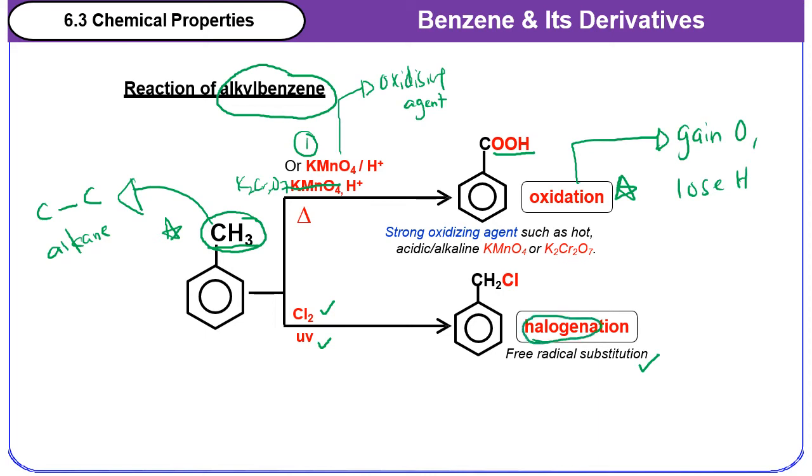One of the hydrogens from the methyl group is replaced with Cl, so the 3 hydrogens become 2 hydrogens, and the side product is HCl.